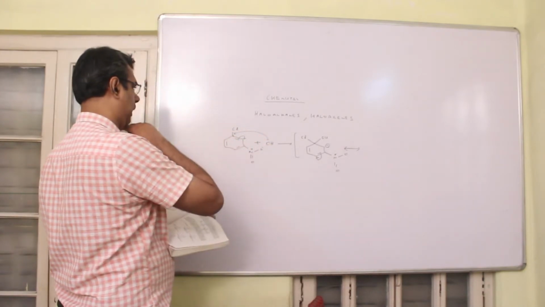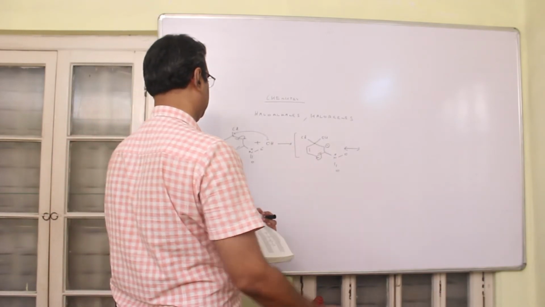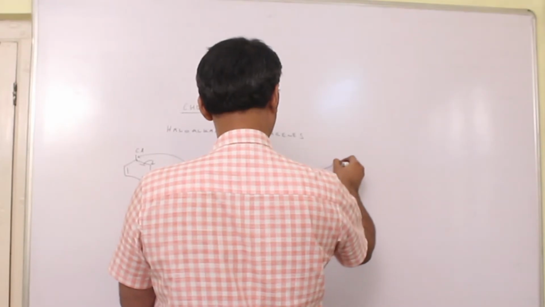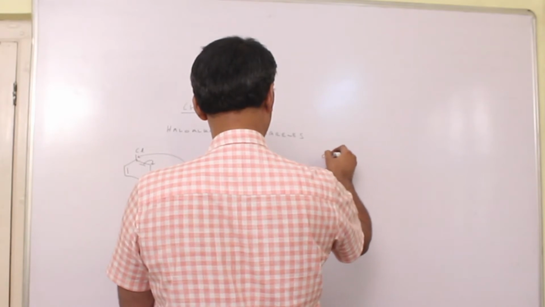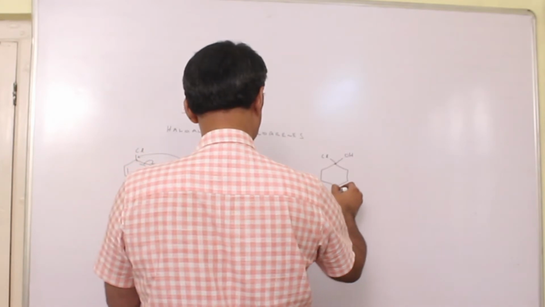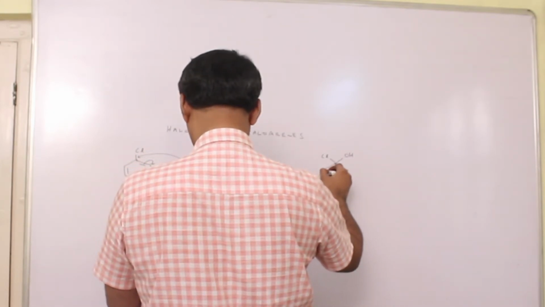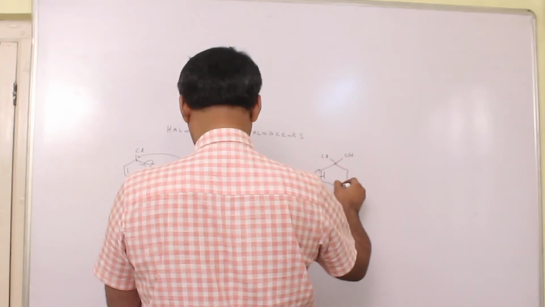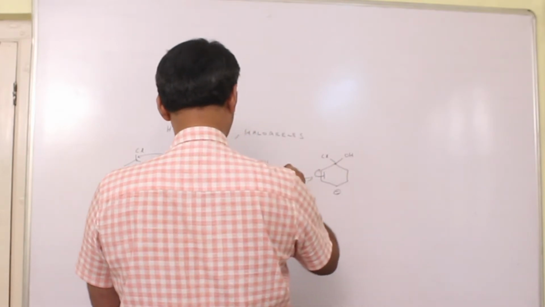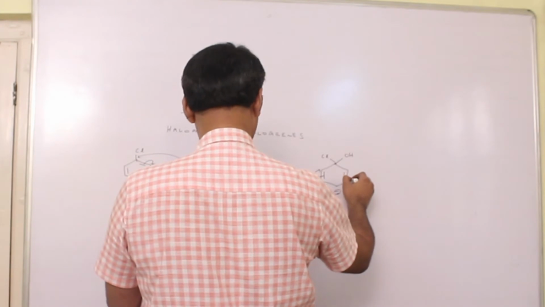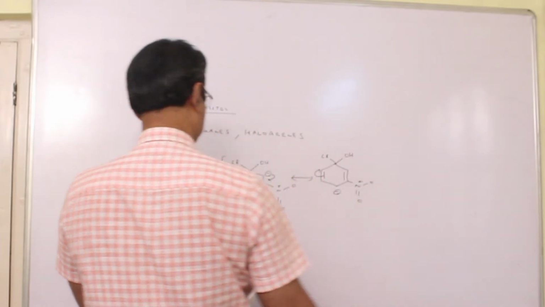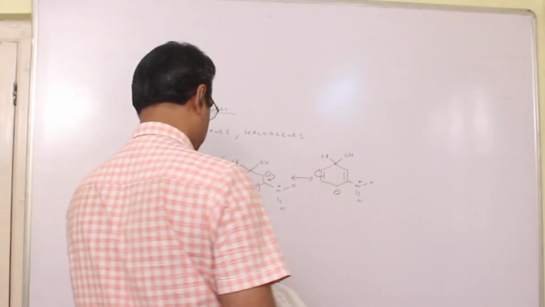The nucleophile will attack and there will be delocalization of the ring electrons as shown over here. So this will be the second resonance structure.